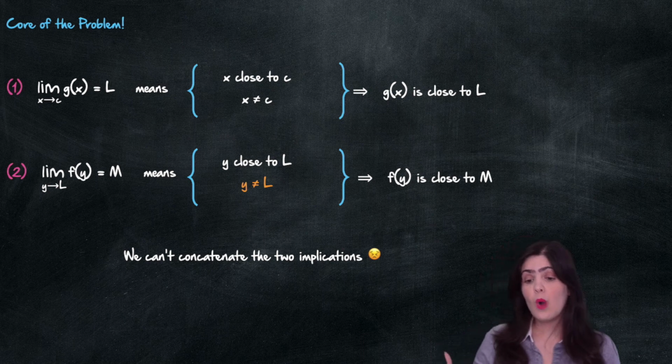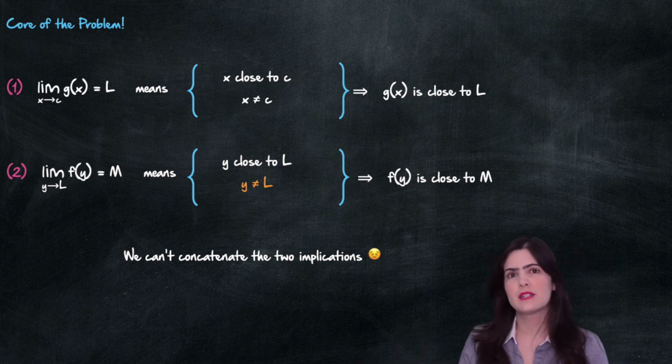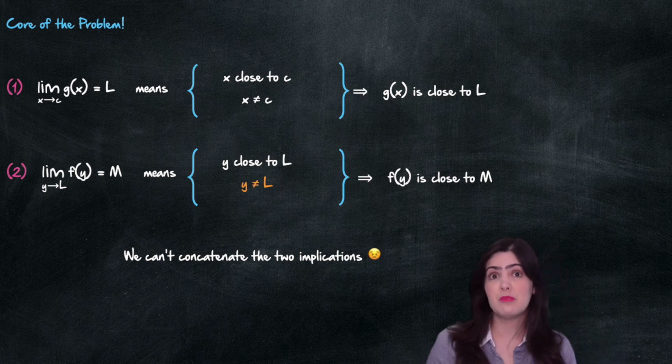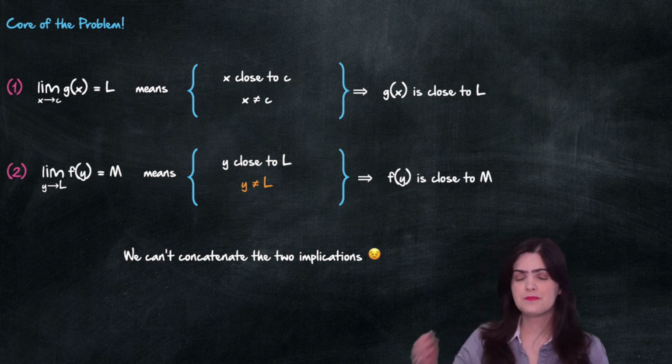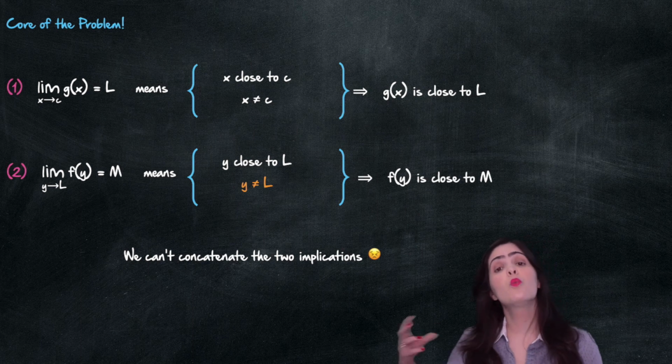Because if y is equal to L, for this limit to work, m would have to be just f of L. So that is one way, which we saw already, but there's another way to solve this problem.